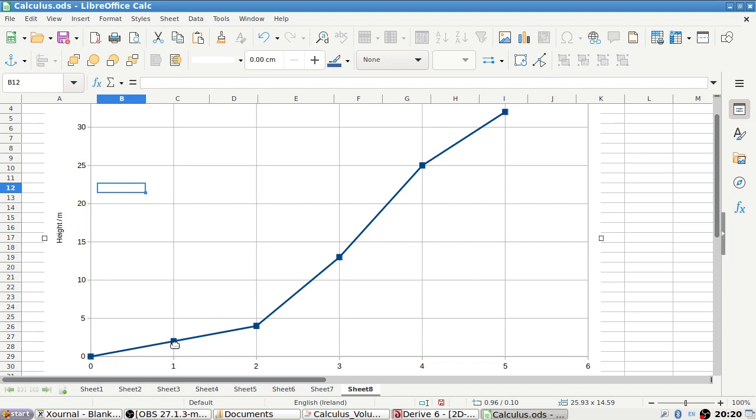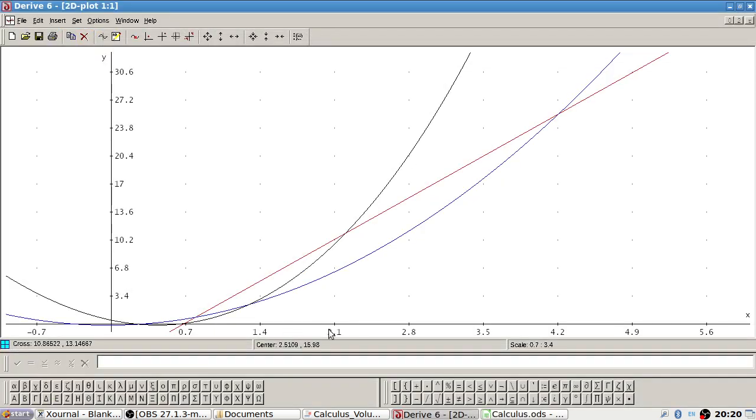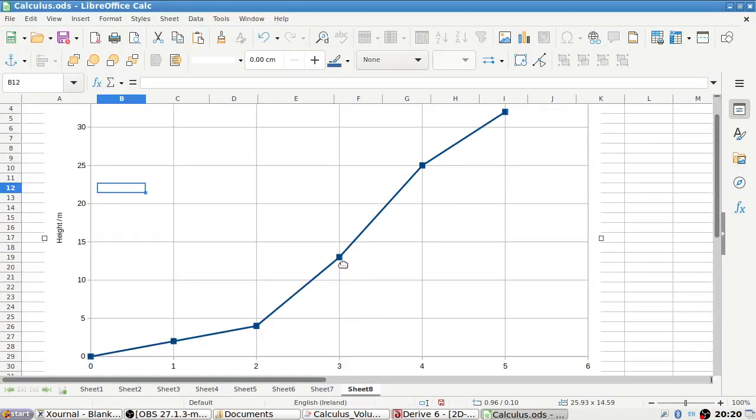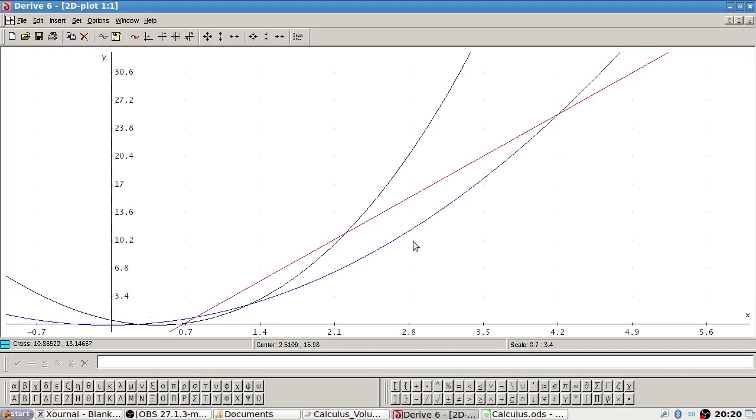Yeah, that's too... Have to do a proper calculation. I don't know. They all look pretty poor, actually. I'd have to do a calculation to figure out which one is fitting it best.